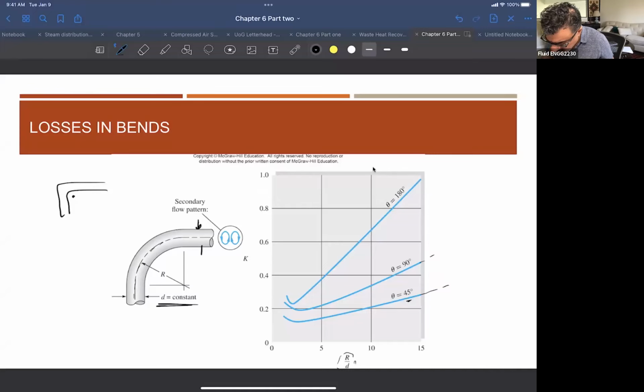This is a 45-degree elbow, this is a 90-degree elbow, this is a 180-degree elbow. So this is basically giving you values for K at different R over D.